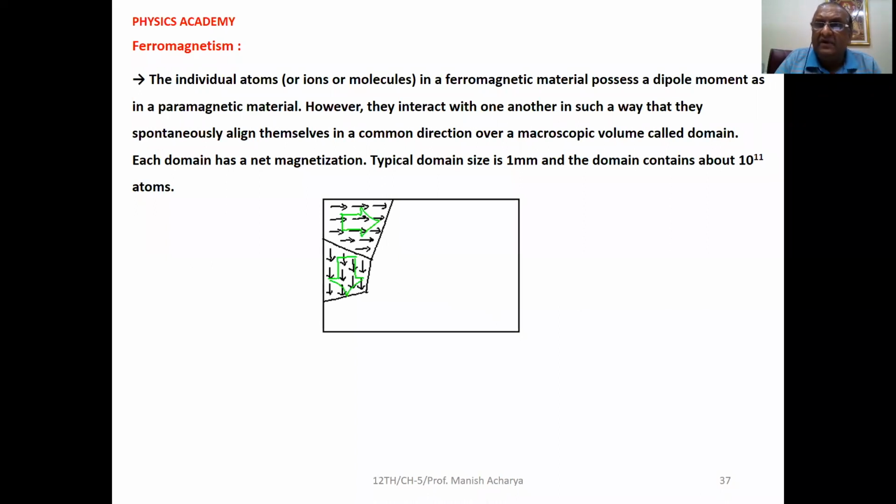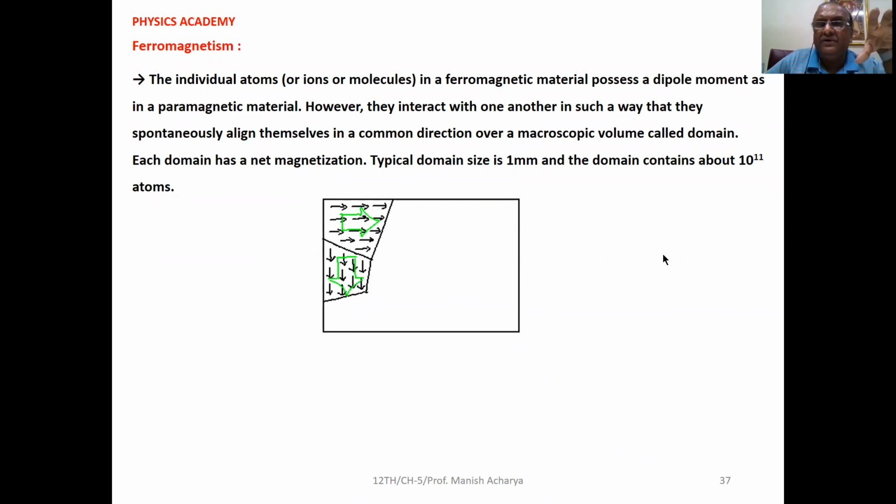And for each domain, the resultant magnetic dipole moments are randomly oriented. See, the resultant of this one, the resultant of this one, the resultant of all other domains are randomly oriented. So the net dipole moment of the substance again comes to 0.